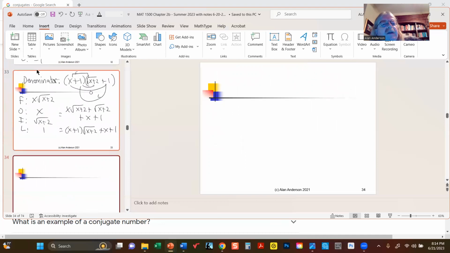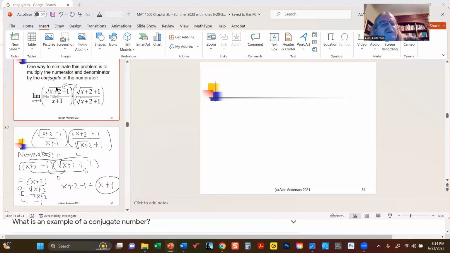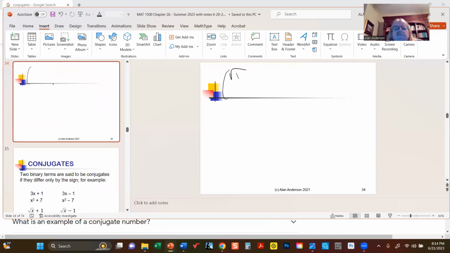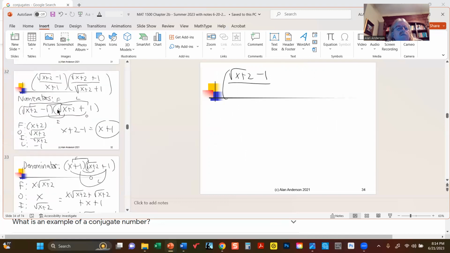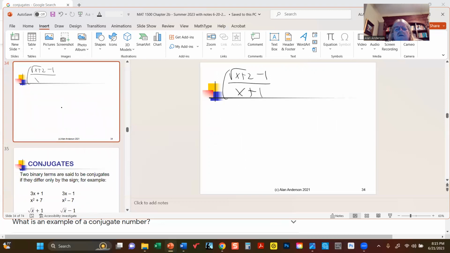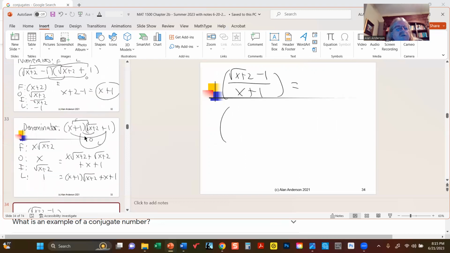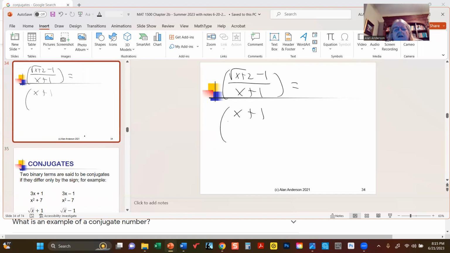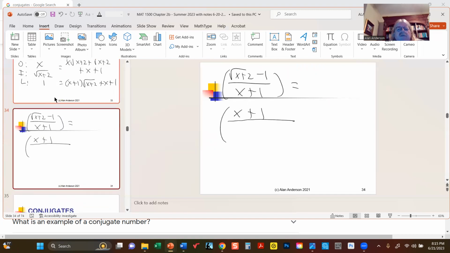So here's what's happening. The original expression we had, for this one, we have in our numerator, we just got through showing that the numerator is just x plus 1. And the denominator is x plus 1 times radical x plus 2 plus x plus 1.